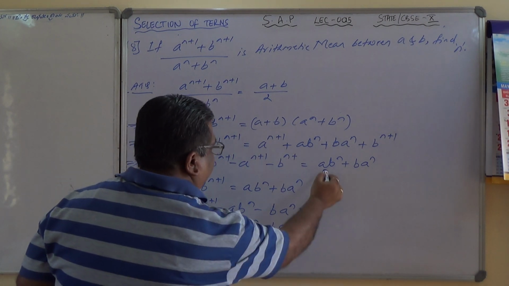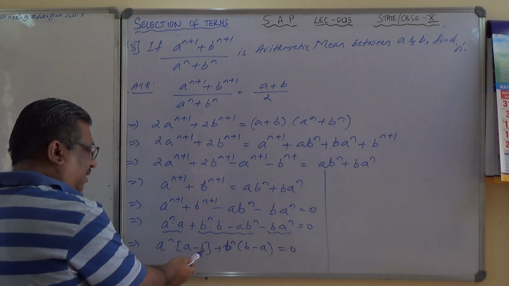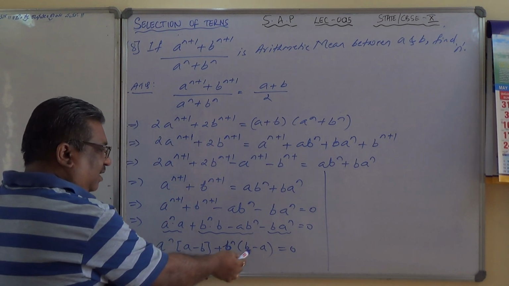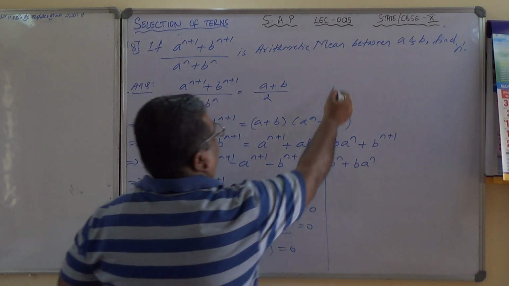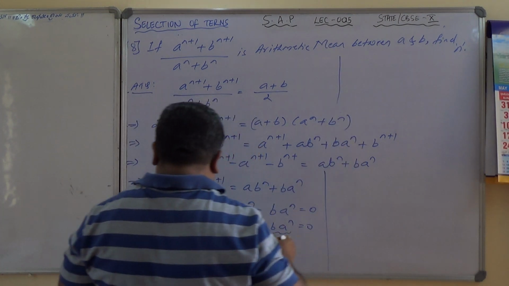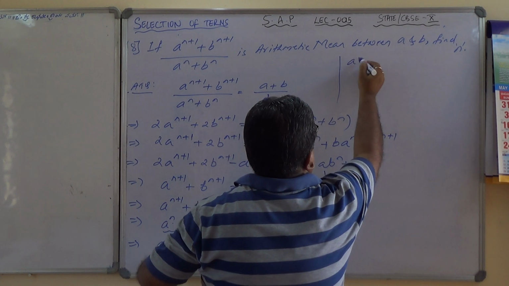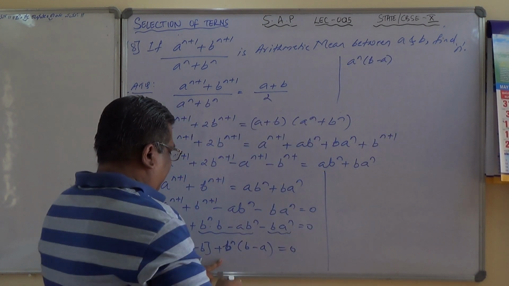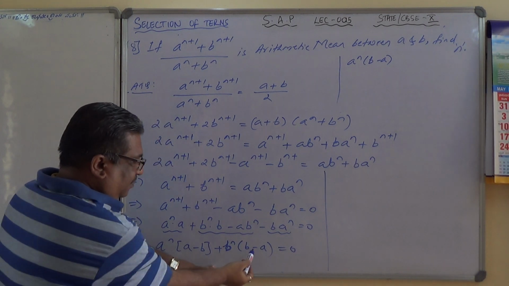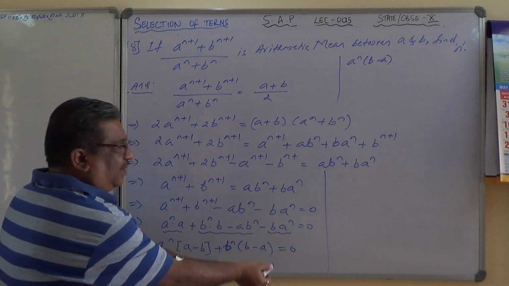which equals 0. A slight modification here. I require a minus b, not b minus a. So I'll take the minus out here. I think I'll write this side. a to the power n into b minus a. Here what I am doing is this minus I'll take this side, so this will become a minus b.